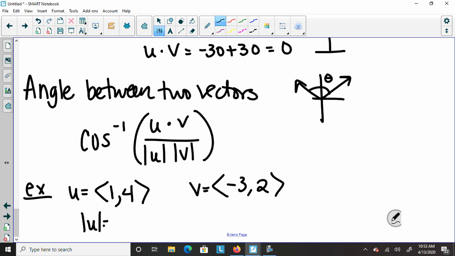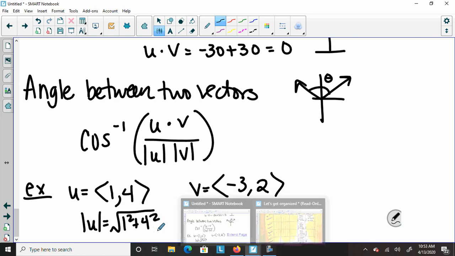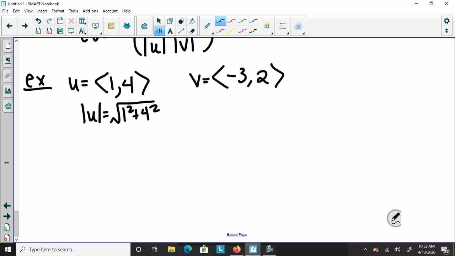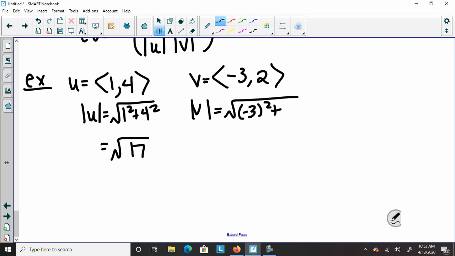So the magnitude of u is the square root of 1 squared plus 4 squared, which is the square root of 17. The magnitude of v is the square root of negative 3 squared plus 2 squared. Make sure if it's a negative, you put it in parentheses. It's 9 plus 4, so that's going to be the square root of 13.